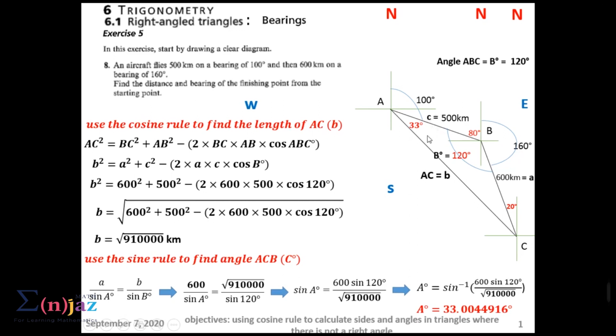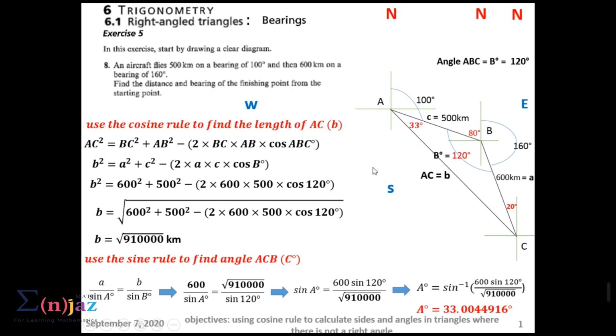So I must carry on until I hit the line that connects the starting with the finishing point. What are the angles here from the north to line AC? It's 133, and if we add them, they're going to add up to 133. So the bearing of the finishing point from the starting point is 133.